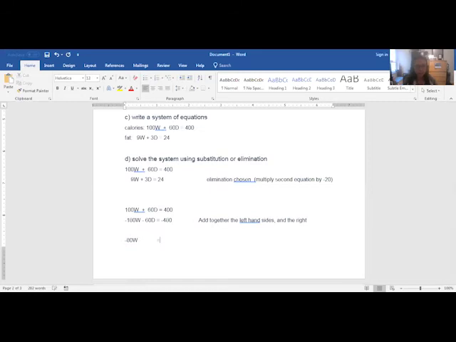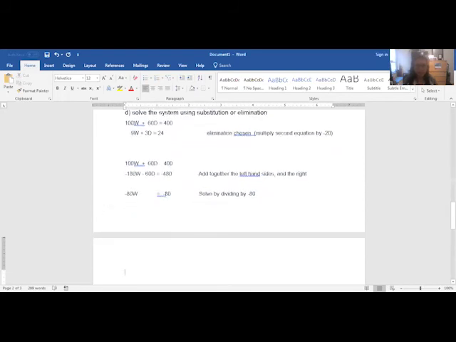Going to bring my equal sign straight down. When I add the 400 with a negative 480, I get negative 80. Now I have a simple linear equation. I'm going to solve by dividing the negative 80 off the W, divide it over to the other side. I get negative 80 divided by negative 80, and my final answer, W equals 1.